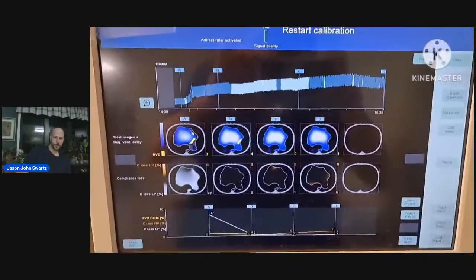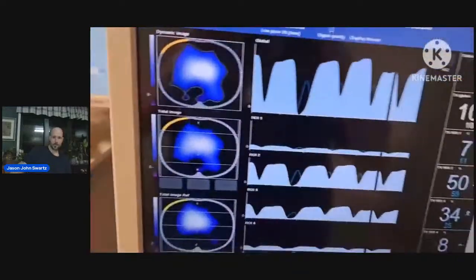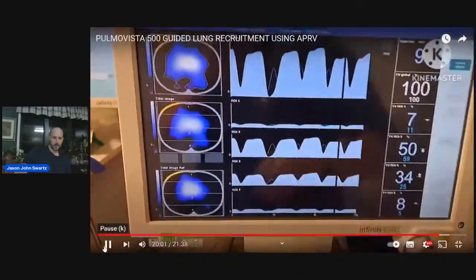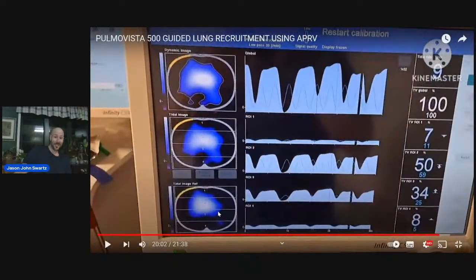30. Okay. But it's really recovered nicely. Don't forget the reference over here. The normal for the top here is 8 to 15, right? 35 to 40 for the mid-ventral and mid-dorsal.